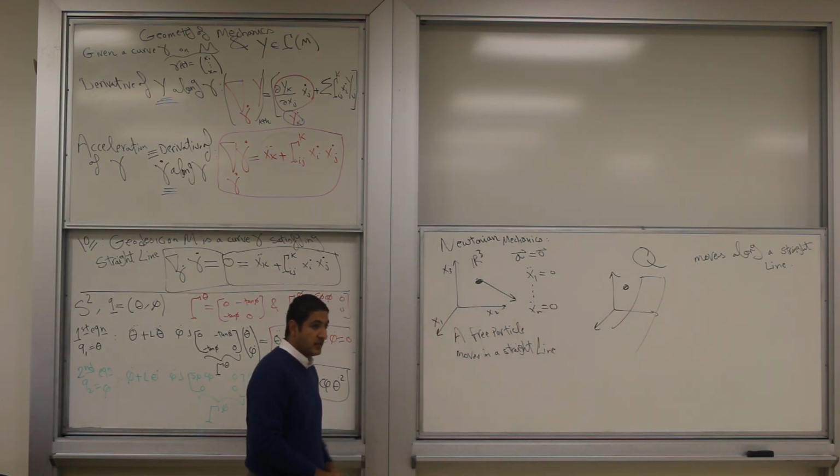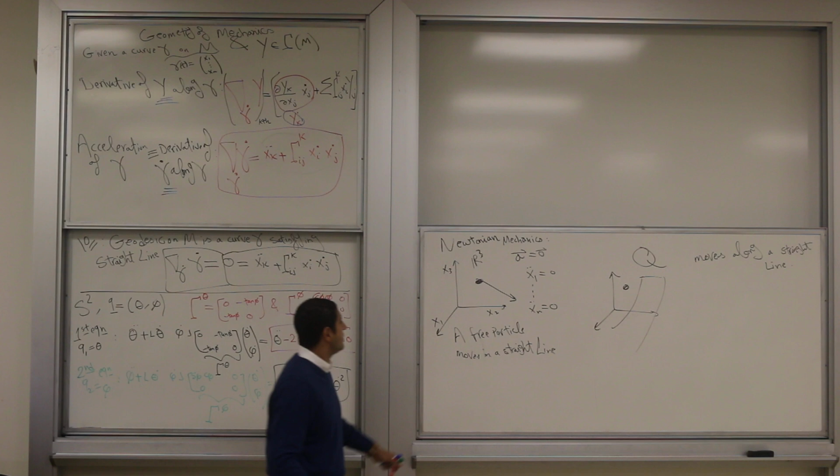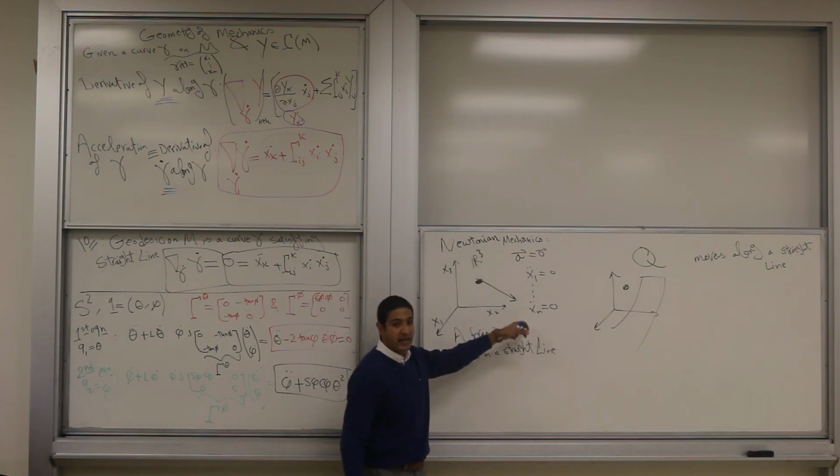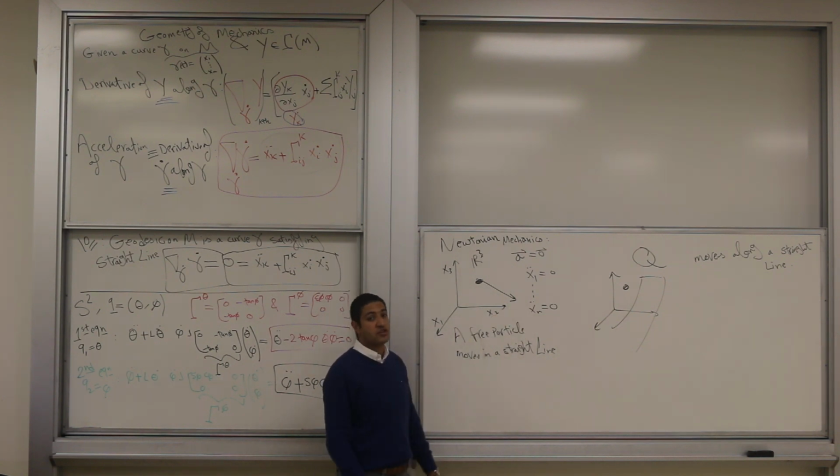So the only way to write down your equations of motion in Newtonian mechanics is in an inertial coordinate system. If it's not an inertial coordinate system, like spherical coordinates, I cannot write it directly.